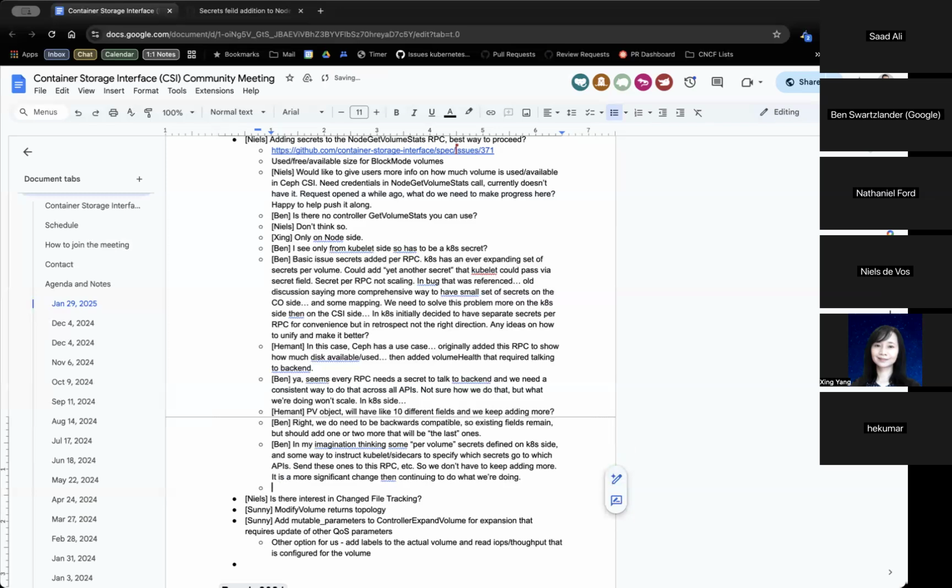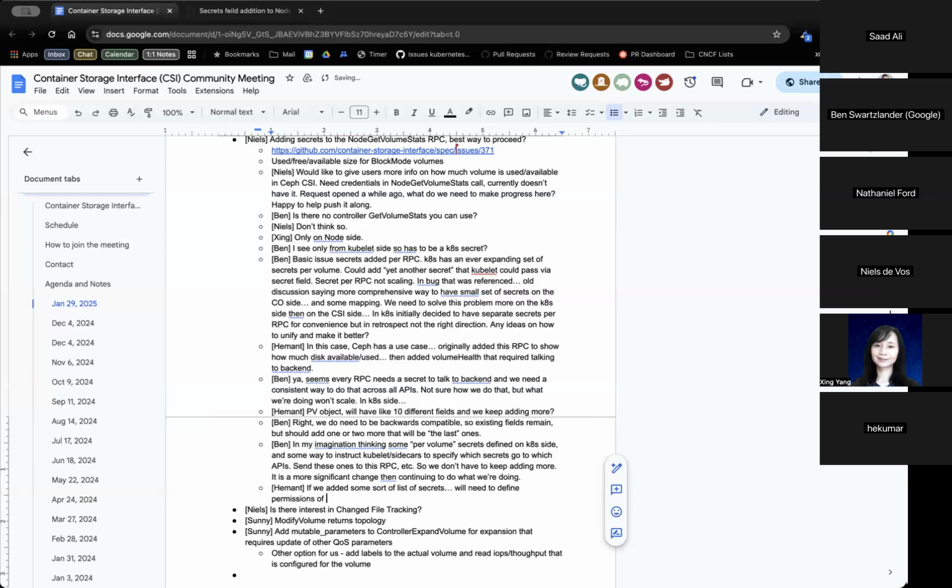If we added this hierarchical, some sort of list of secrets, then it will also mean that we'll have to define what the capability of all those is, what the permissions associated with those secrets are. But that would all be on the CO side, right? CSI doesn't specify any of this.